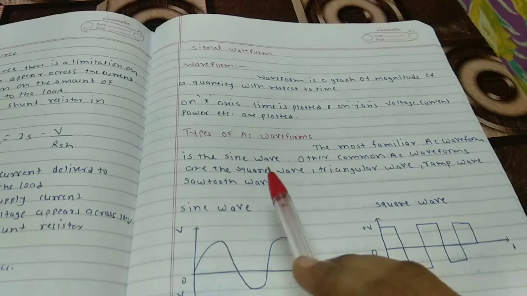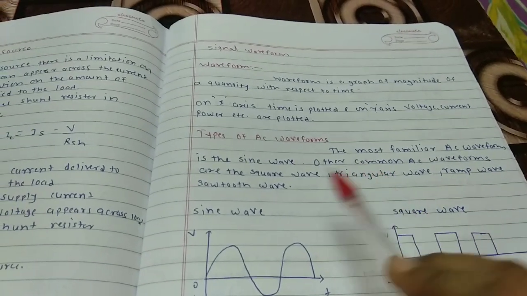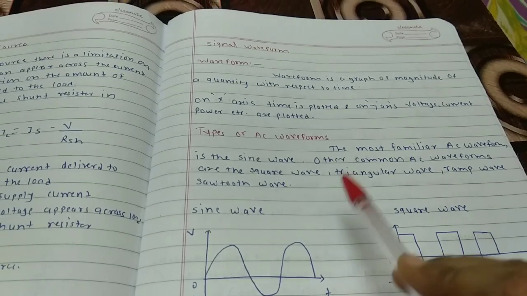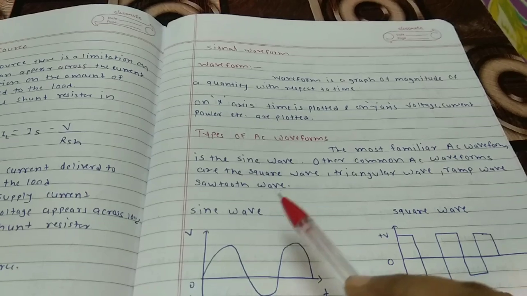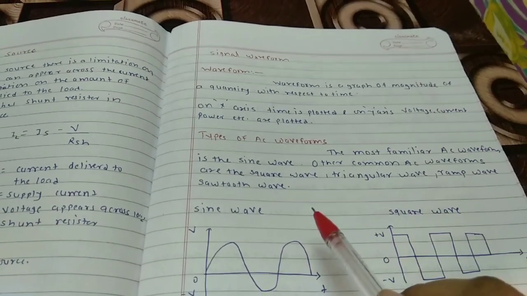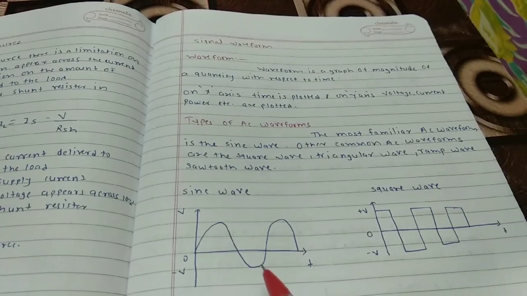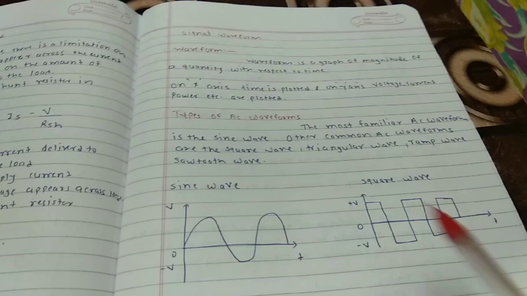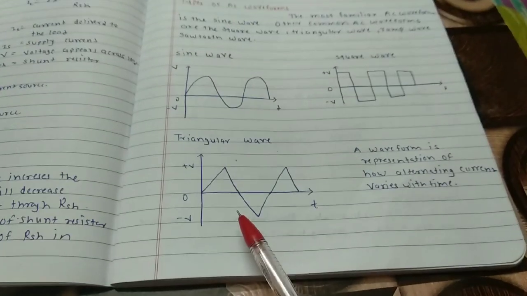Let's see the types of AC waveforms. The most familiar AC waveform is a sine wave, and there are some other waveforms also used. Commonly used waveforms are the square wave, triangular wave, ramp wave, and sawtooth wave. Some waveforms I have shown over here. This is the sine waveform, this is the square waveform, and this is the triangular waveform.